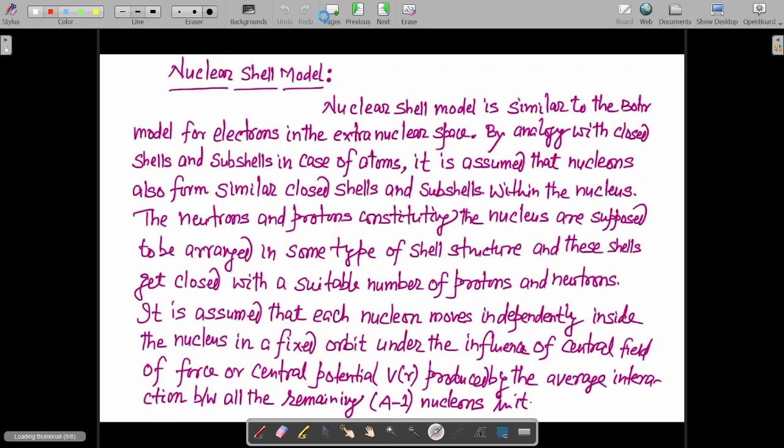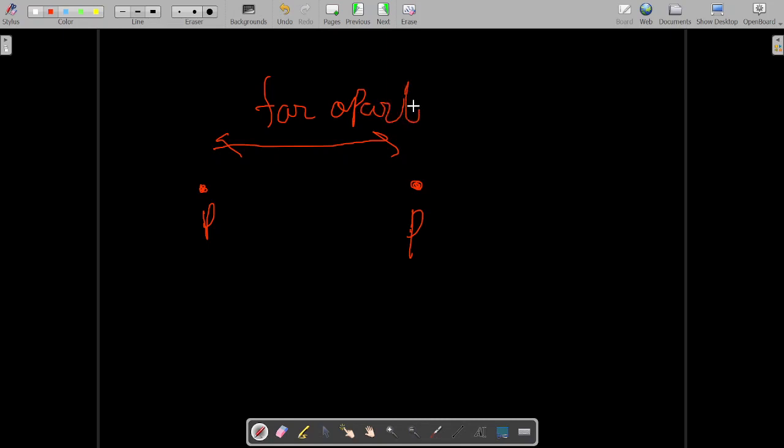Let me tell you this: when two protons, which have similar charges, are separated far from each other, only Coulombian repulsion force will act.